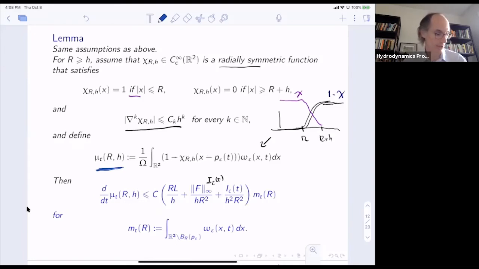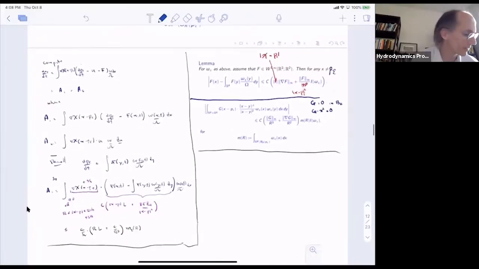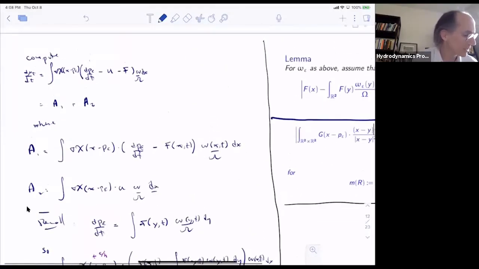And so the main claim is a differential inequality for the rate of growth in time of this smoothed out vorticity outside of the ball of radius r. Okay, and here's what we're trying to prove. We began by, we did this last time, differentiating this function mu sub t.